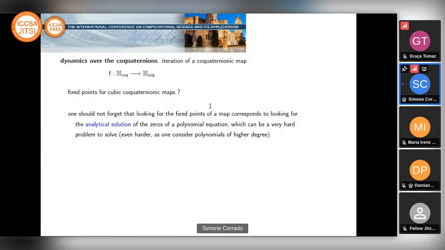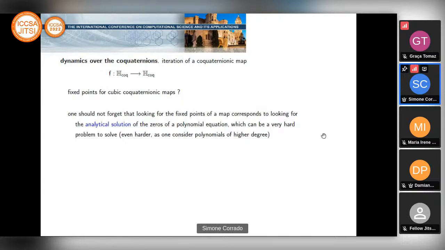What we are looking for are the fixed points of a map, but that corresponds to looking for the analytical solution of the zeros of a polynomial equation, which can be a very hard problem to solve, and naturally even harder as one considers polynomials of higher degree. This means that maybe it's not the time already to study cubic quaternion maps.